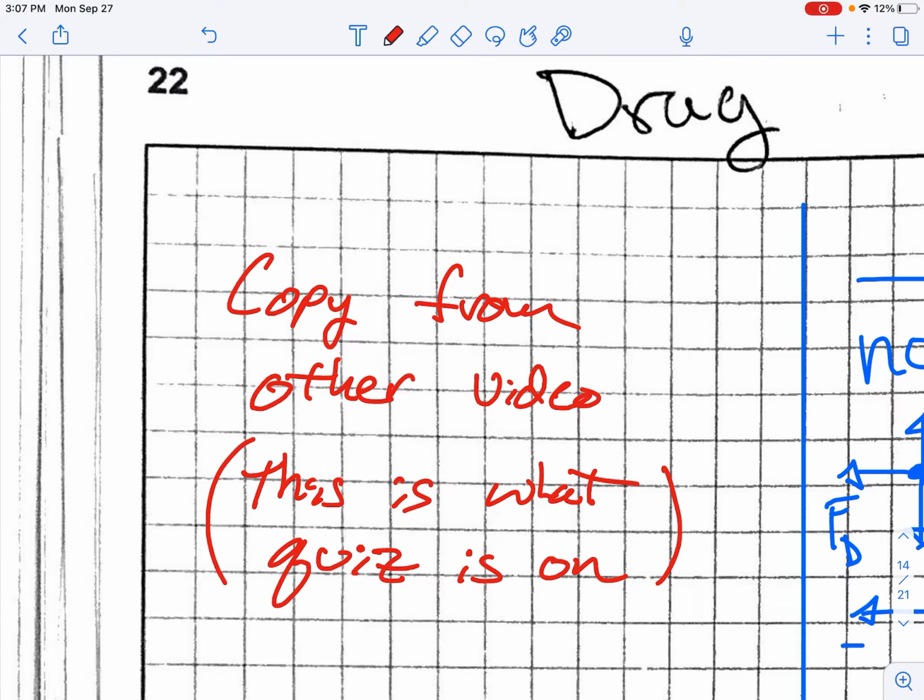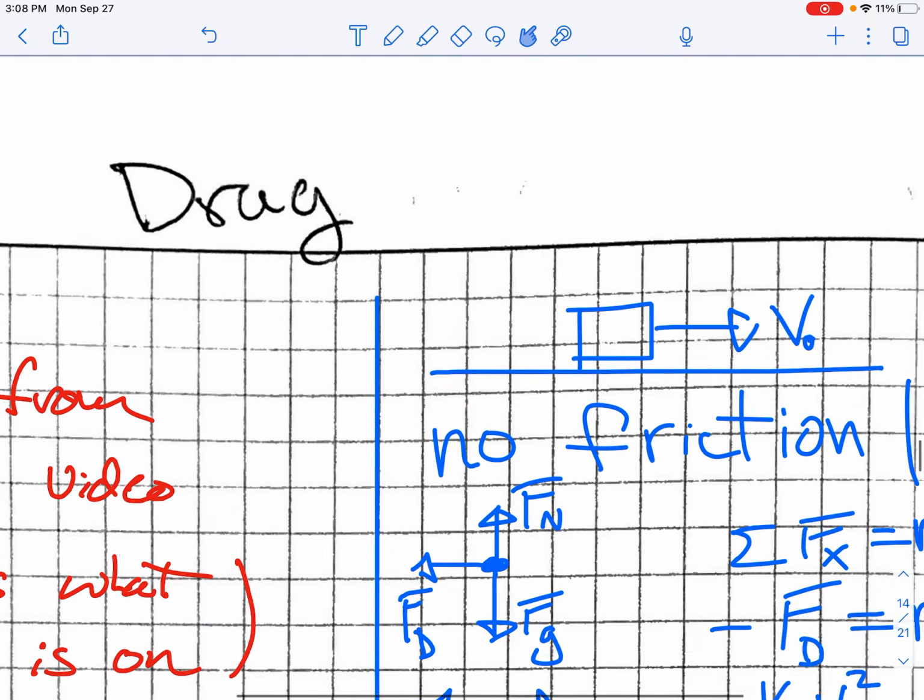You'll have 5 minutes to do that derivation, starting with a free body diagram and a sigma F equals ma, substituting, doing the separation of variables, all that stuff, 5 minutes to come up with the velocity as a function of time. We'll do the first round of that on Friday, and then you can come in outside of class if you need, but you can take that as many times as you need until you get 100% on it in 5 minutes. It's all or nothing, no curve, no partial credit, just 100% or 0%.